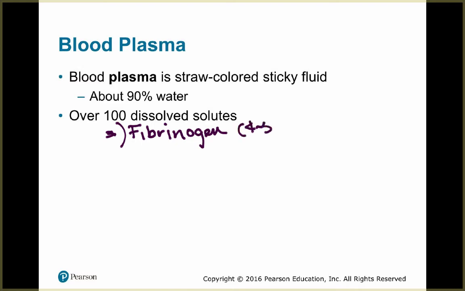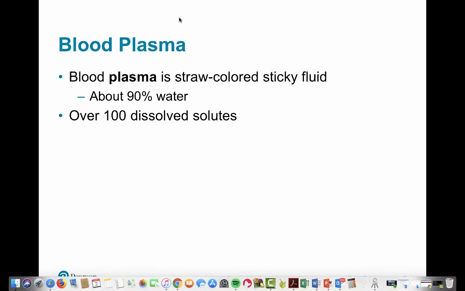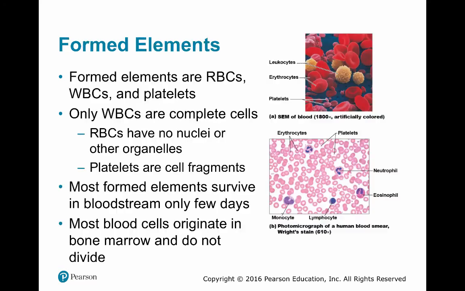Only 4 to 5% of the total protein count in blood is fibrinogen, and it's made in the liver, and it's important for blood clotting. It will be converted into fibrin for blood clotting later. So those are all the important parts of blood plasma.